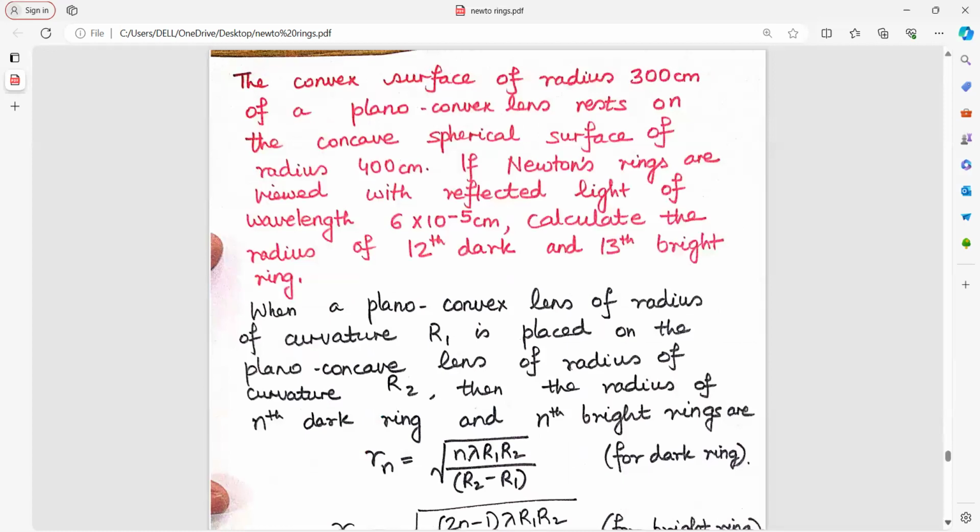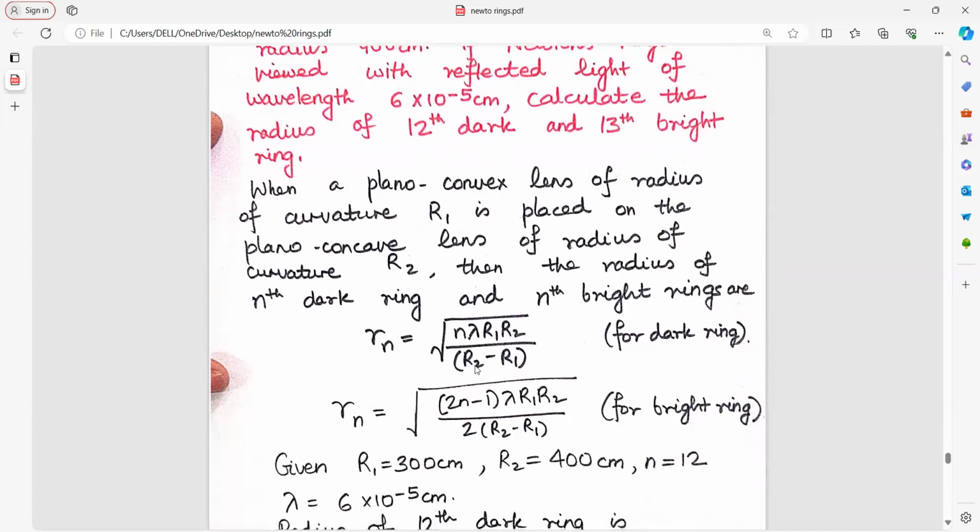Convex surface of radius 300 centimeter of a plano-convex lens rests on a concave spherical surface. If the Newton's rings are viewed with reflected light of this much wavelength, calculate the radius of the 12th and 13th bright ring. See, the formula which we have derived right now gives us the radius of the nth dark ring and nth bright ring. We know these formulas.